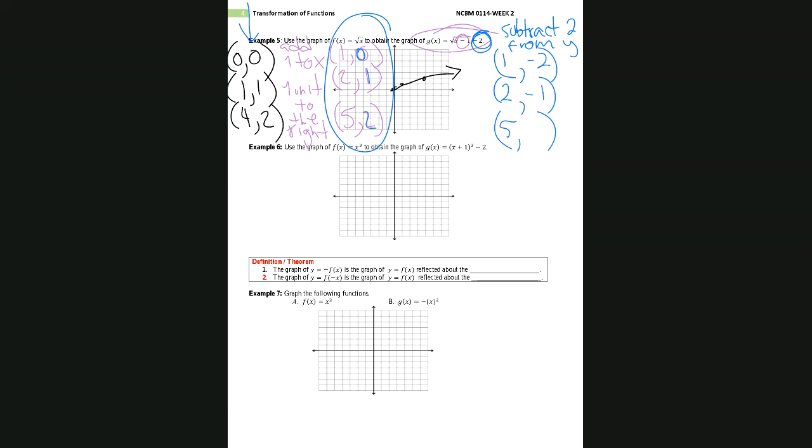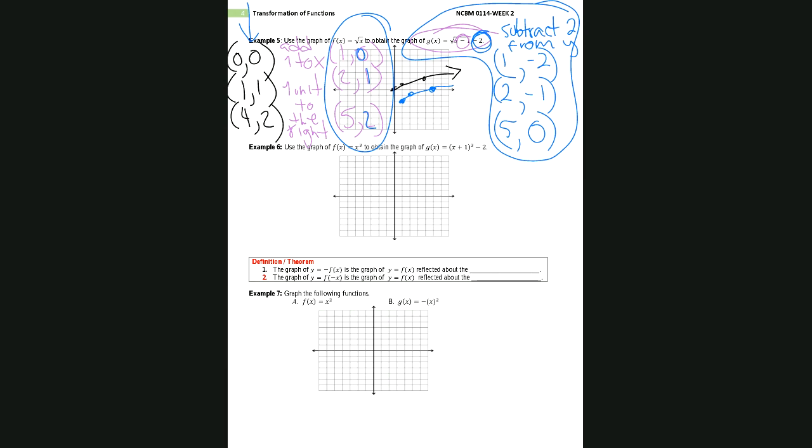So now the points of the final transformation are the ones that I have circled there, the ones in blue. So let's go ahead and plot them. So we have 1 comma -2. We have 2 comma -1. And we have 5 comma 0 right here.